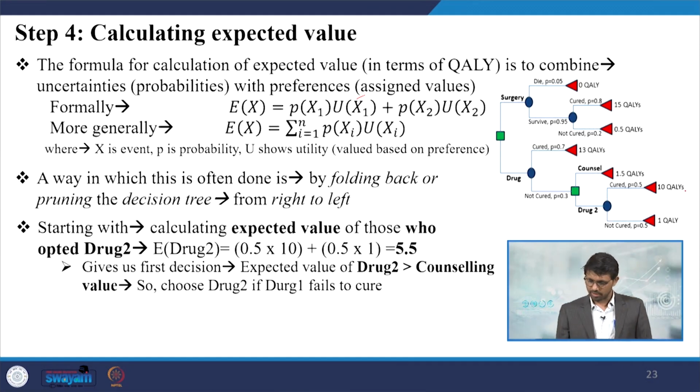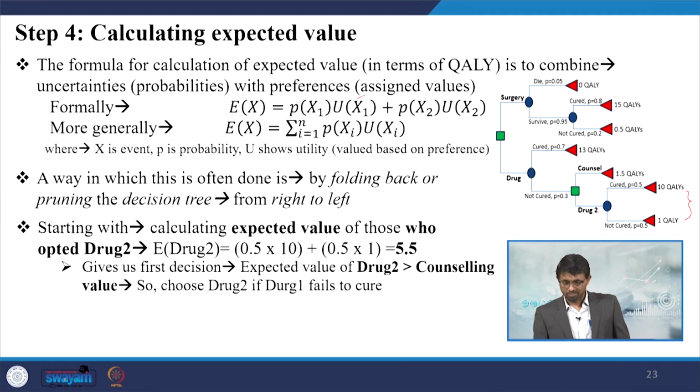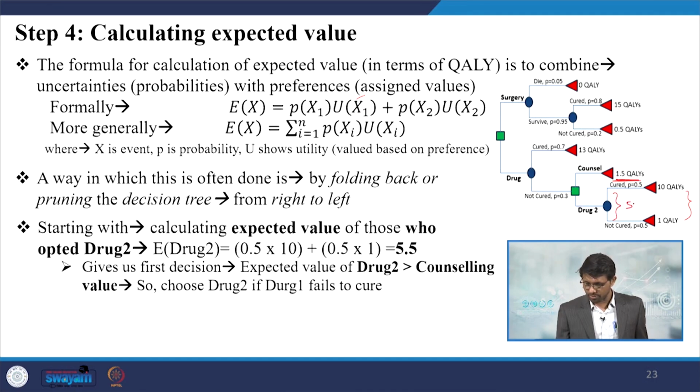So, this is what is marked. This gives us the first decision: the expected value of drug 2 is indeed greater than that of the counseling value. The counseling value is only 1.5, and this is 5.5 qualities in this case.